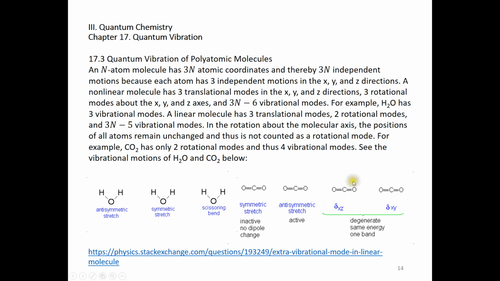Alright, I have to let you imagine this is actually a 3-dimensional animation, and the CO2 bending takes place on a plane that is perpendicular to the surface of the screen. This one is just in the screen.